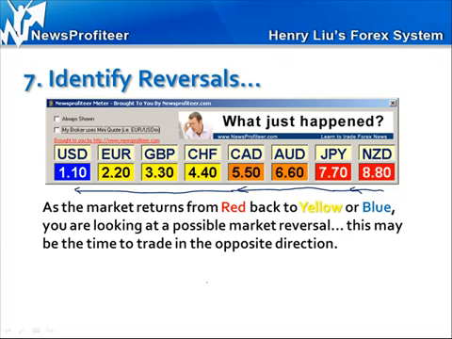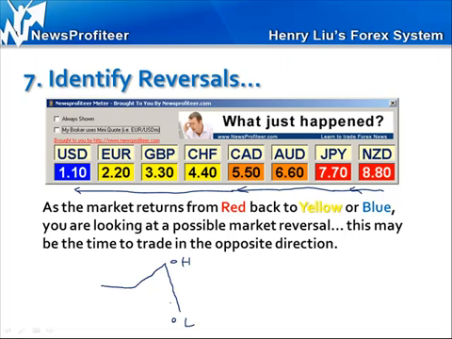Because remember, the daily range, okay, this is the high end of the range, right? And this is the low end of the range. The market goes too high and it is red. When it comes down to the middle, it is around the yellow area. And when you get close to the lower end of the range, that's when it starts to turn blue.